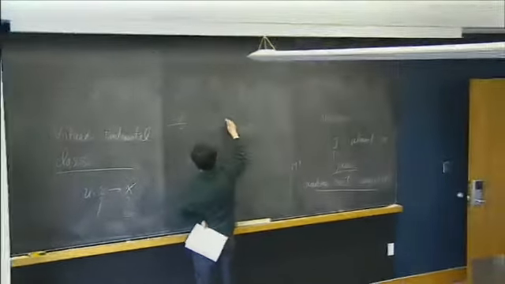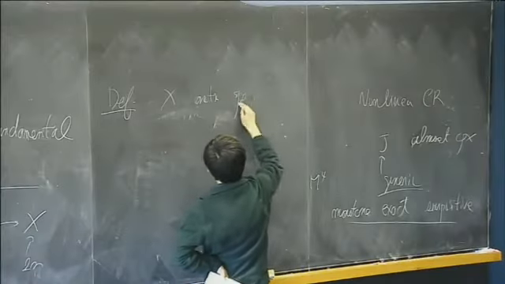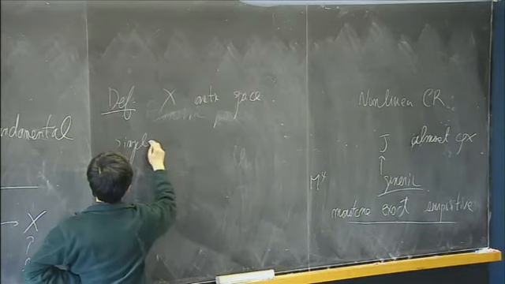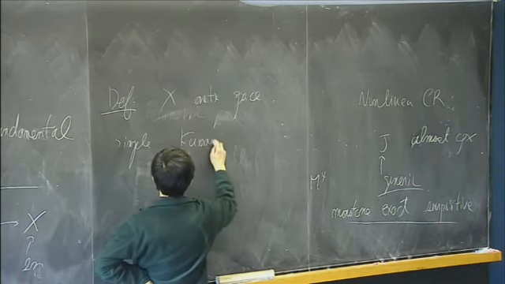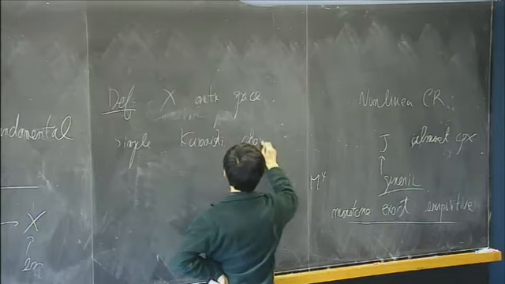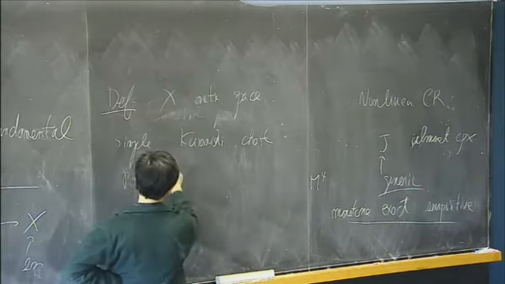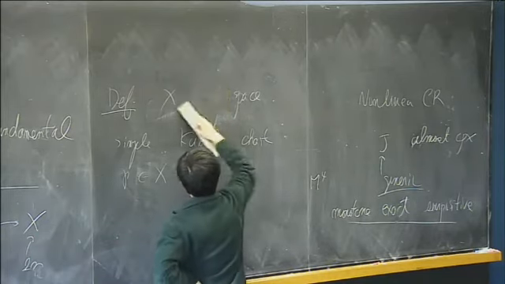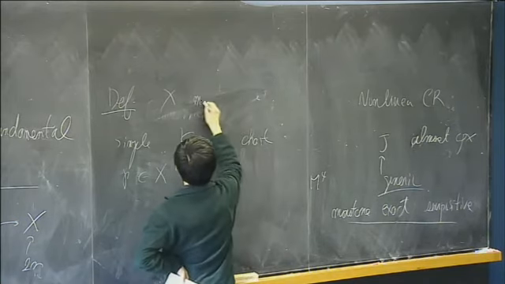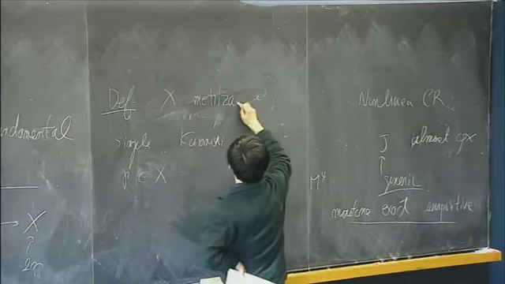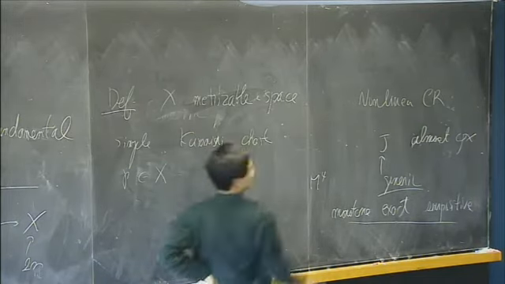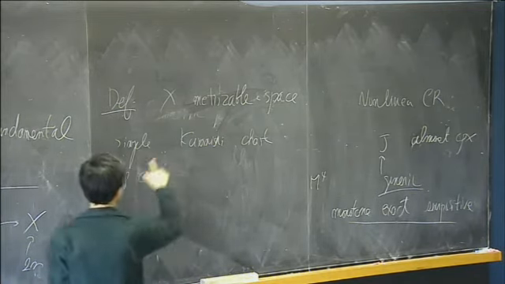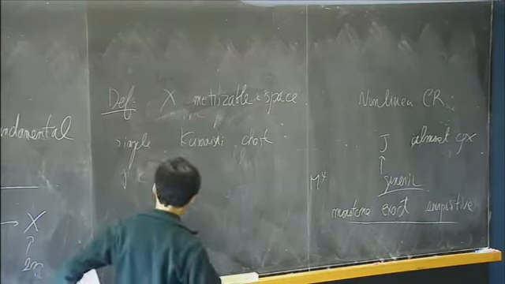You have X, a topological space, a metrizable space, and we define the notion of a simple Kuranishi neighborhood, a Kuranishi chart of P. This notion I want to simplify, because Kuranishi structures contain a bit more.